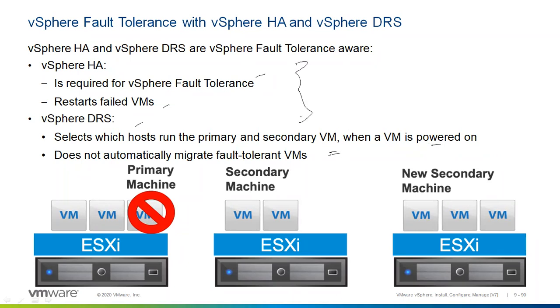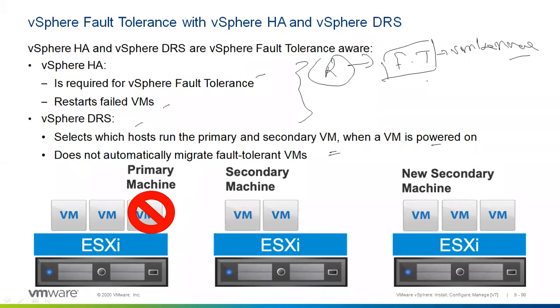And the major thing is we require a separate VMkernel port for maintaining the fault tolerance traffic. The way you configure a VMkernel port for your vMotion traffic and your management traffic, in the same way you have to configure a VMkernel port for your fault tolerance traffic.